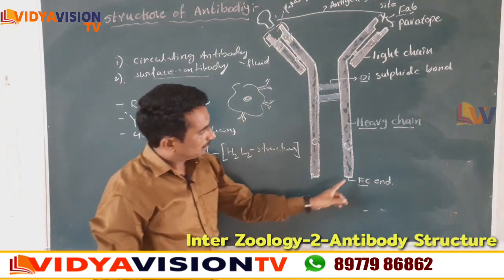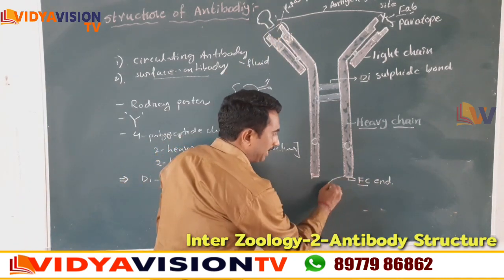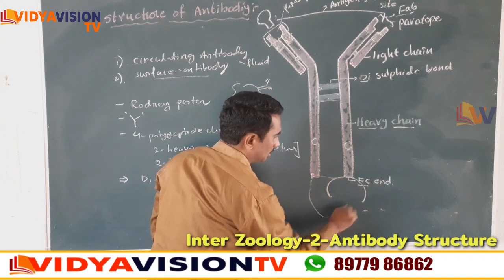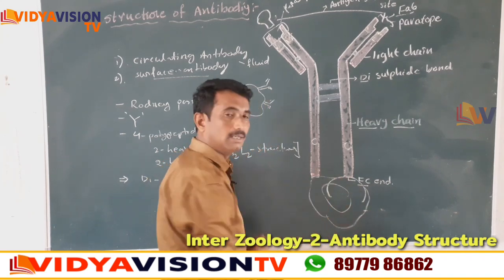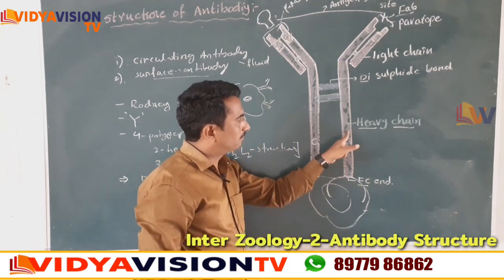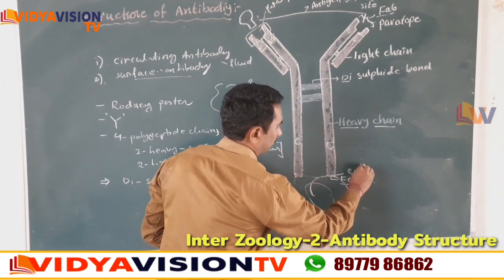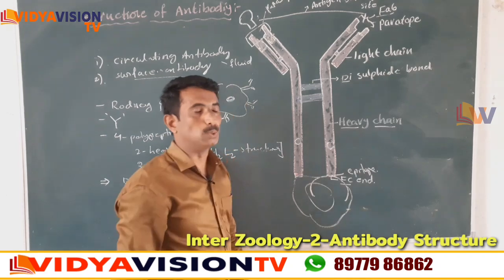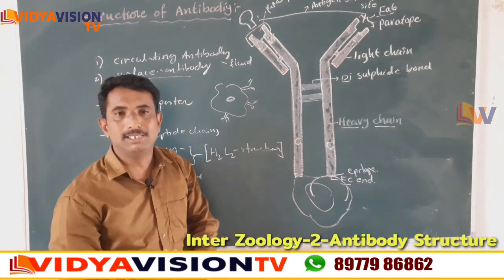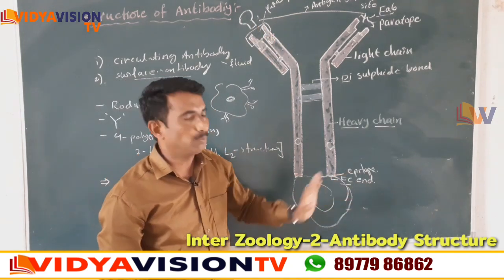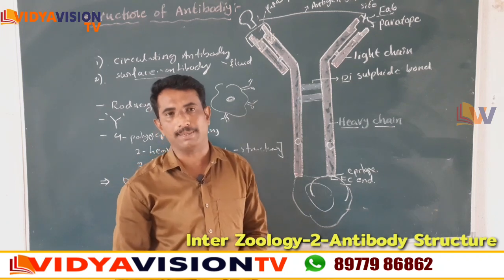Next, for example, this is the cell. The cell binding site of the antibody is called the epitope. Paratope means antigen binding site and epitope means cell binding site of the antibody.